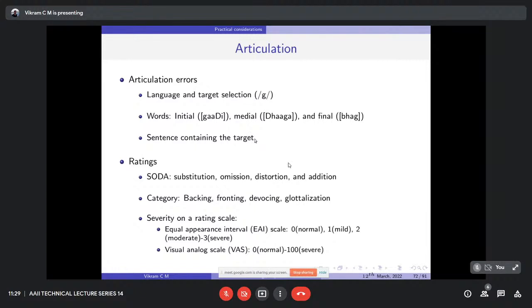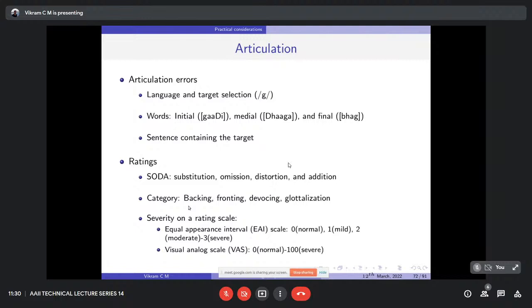Further, we need to develop some sentences which contain the target consonant. In terms of rating for articulation, we have the SODA error rating, that is substitution, omission, distortion, and addition. Then there are also some categories, whether the sound is backing, that means the sound is substituted by a front sound or back sound, or glottalization.